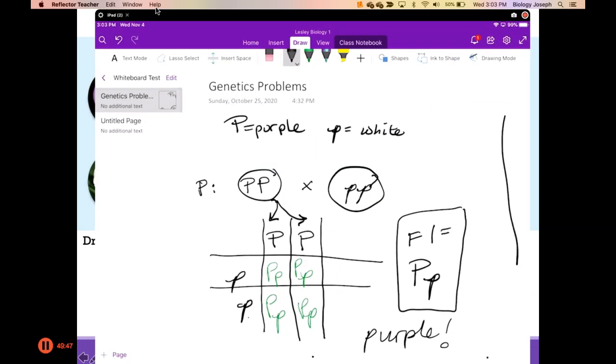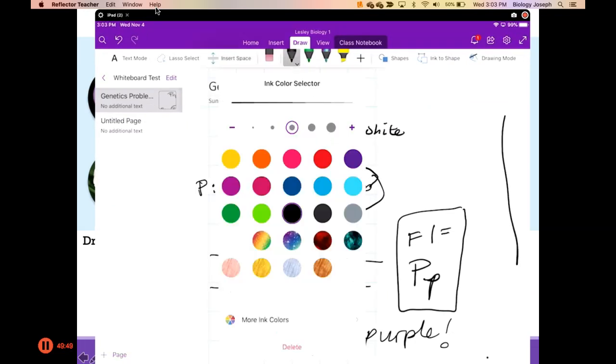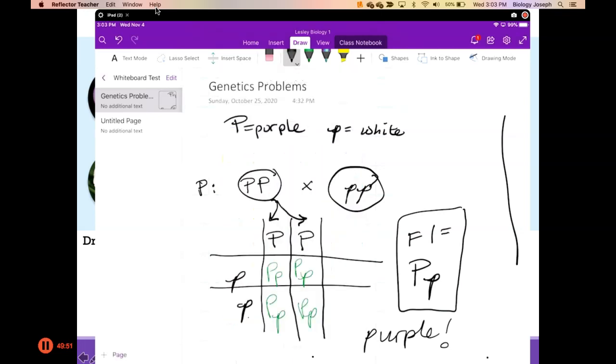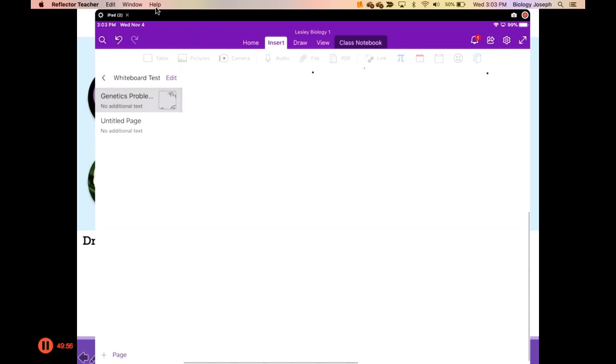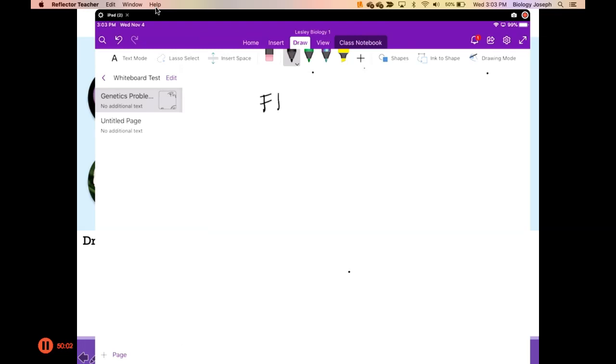Right? So now let's see what would happen if we take the first generation, the F1, and cross them with each other to get the F2. So now our F1 was big P, little p. And for our F2 cross, we have to self-fertilize these.